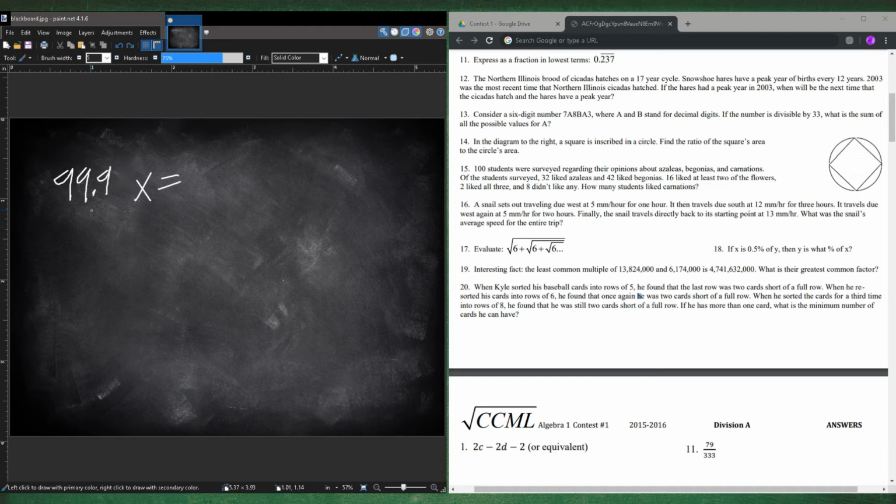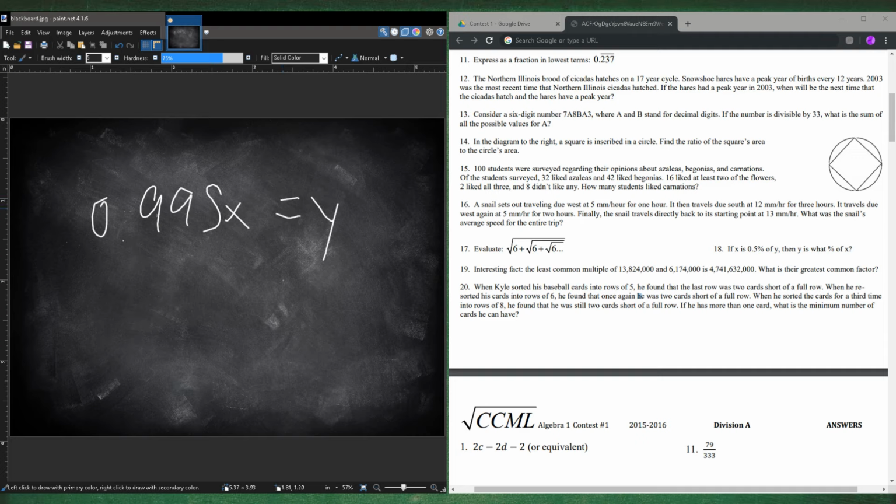Sorry, I didn't write it properly. 0.995x. Sorry, the first answer was wrong. You just have the percentage divided by 100 because that's what you get in decimal form. And then 1 minus that number is equal to y.